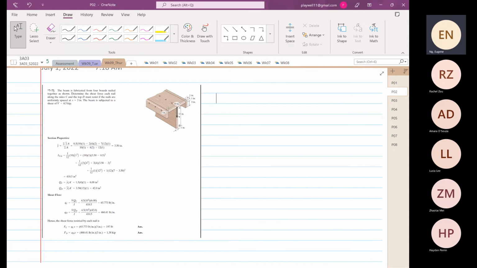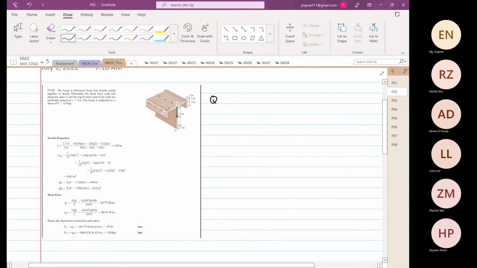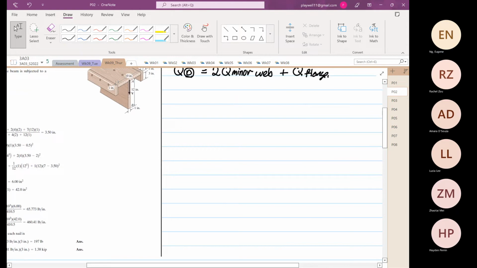Okay. So Q now at point D, right, is equal to twice the Q of the minor web plus the Q of the flange. Okay.